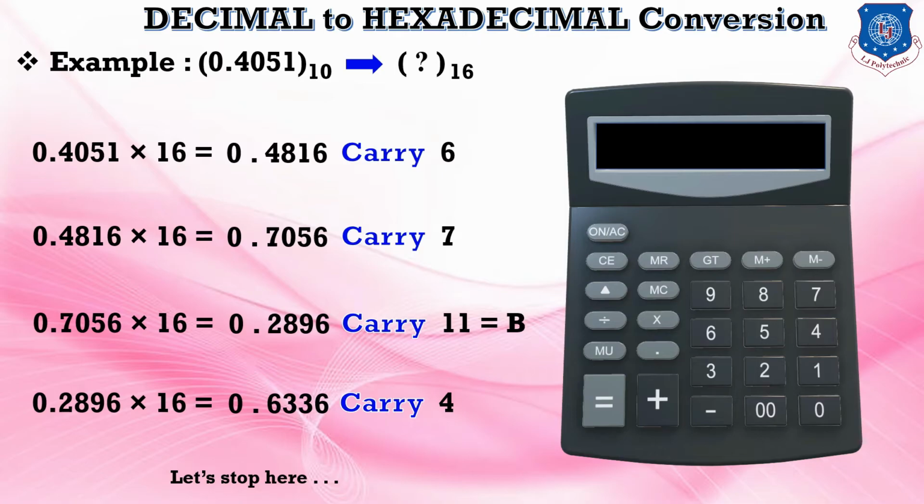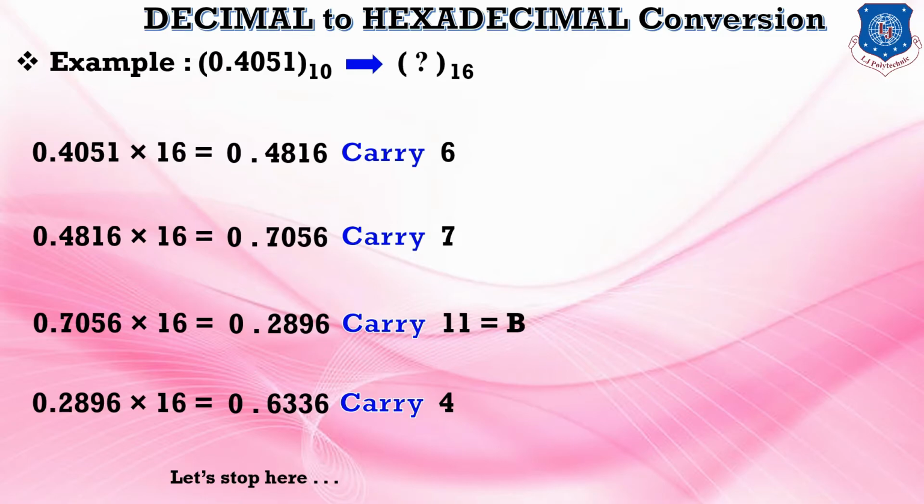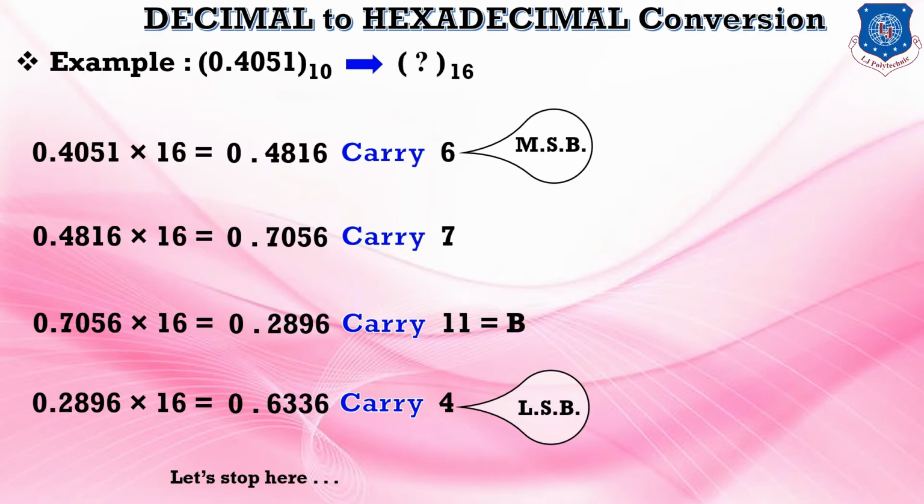For the next step, we assign LSB and MSB to the carry digits. Again I repeat, in conversion of a fractional value, the position of LSB and MSB is changed compared to an integer value. Here, MSB is assigned to the uppermost digit and LSB is assigned to the lowermost digit.